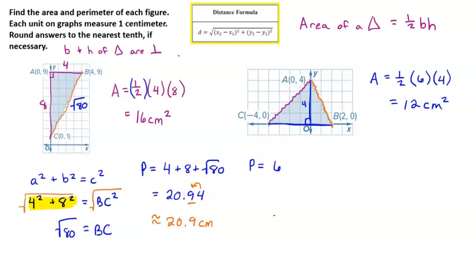So for this triangle that's on the left here, I have one side that's going to be 4. And I'm actually going to move this. So perimeter is going to be AB plus BC plus AC. And we already know that BC is going to be 6.